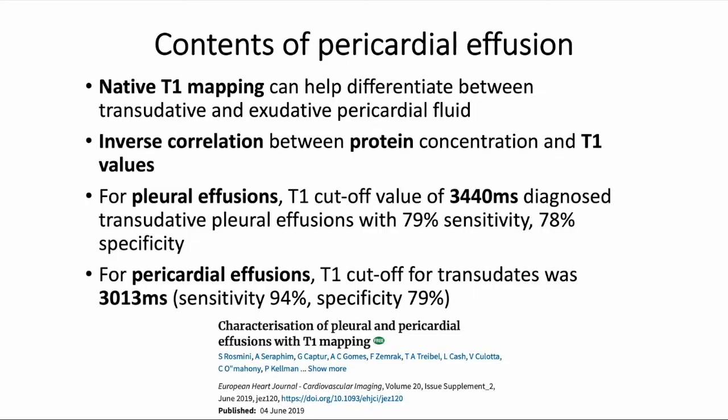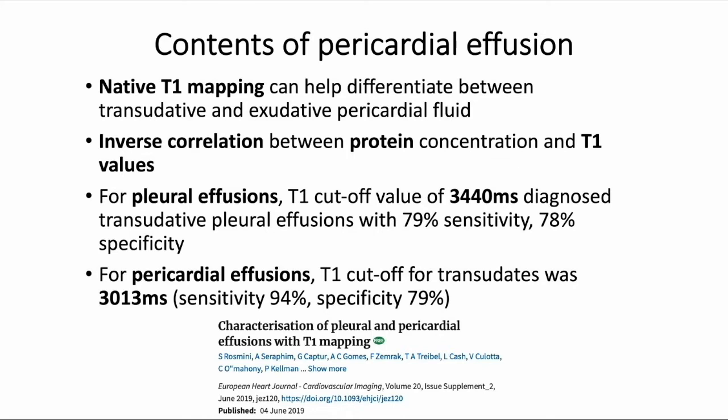Nowadays, with the usage of native T1 mapping, it is possible to identify whether the effusion is transudative or exudative. This is based on the principle that whenever the protein concentration in a fluid increases, its T1 value decreases. So the higher the protein content, the lower the T1 value. Higher protein content is usually found in exudative fluid effusion.